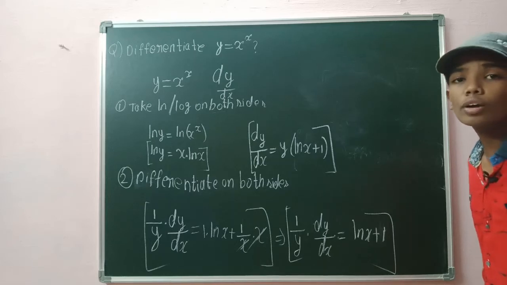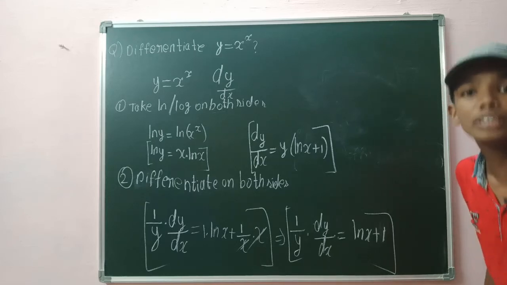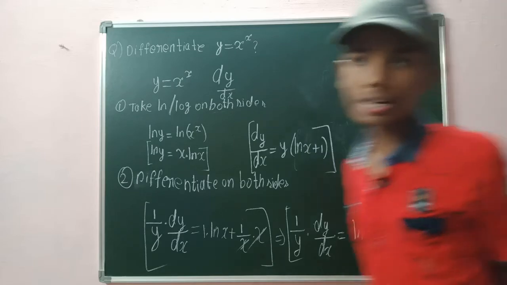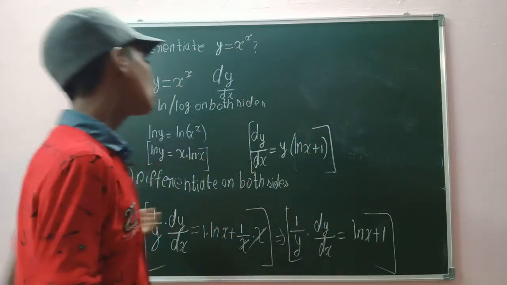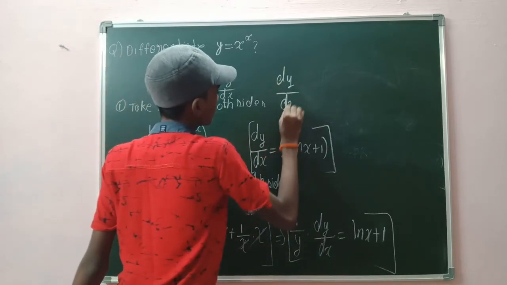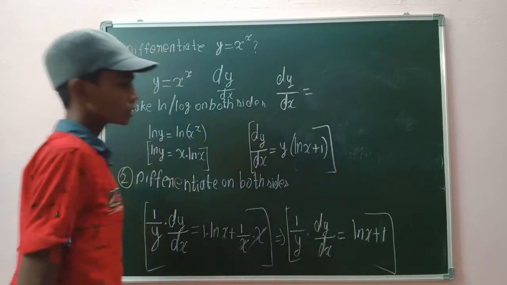So why worry about other terms? I am having dy by dx, I can just find it out. Very simple task. So dy by dx will be nothing but y into ln of x plus 1.